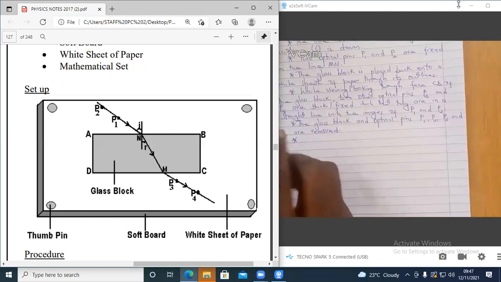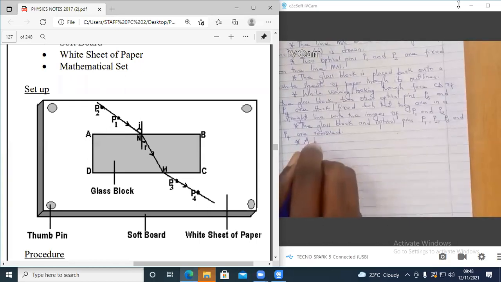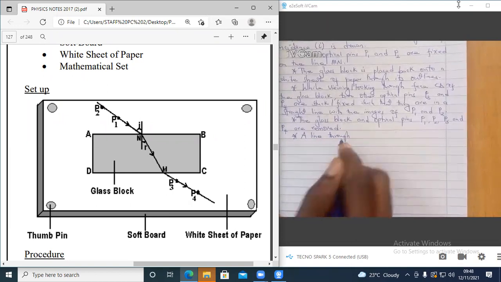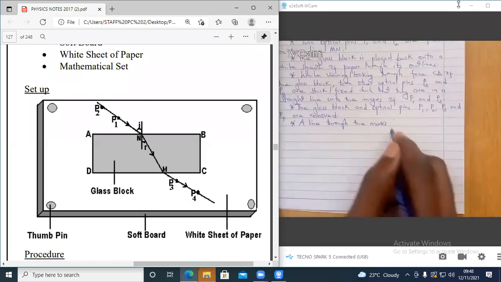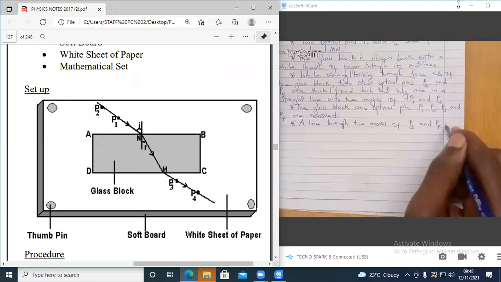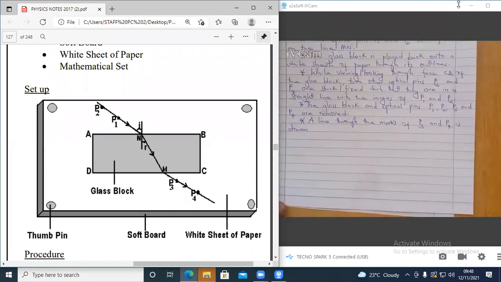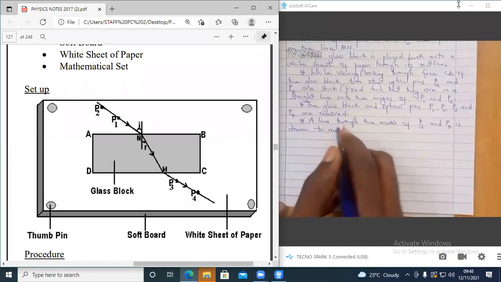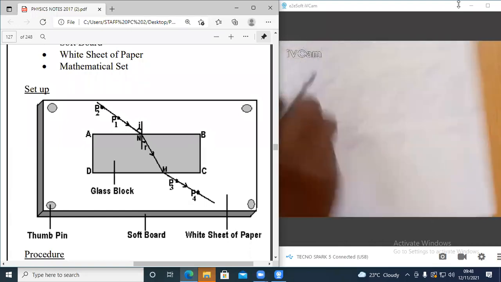So after removing that, now we draw a line through the marks of P3 and P4 to meet side CD at which point?